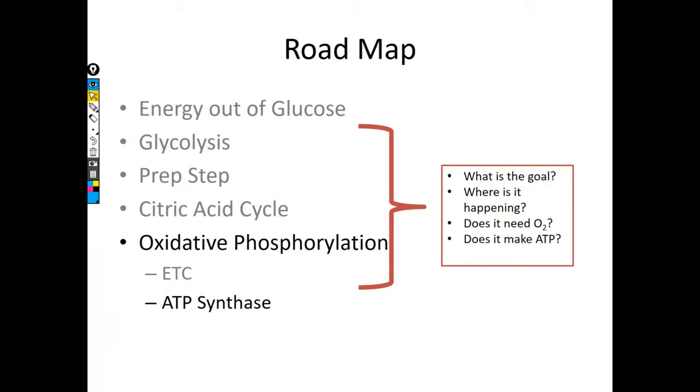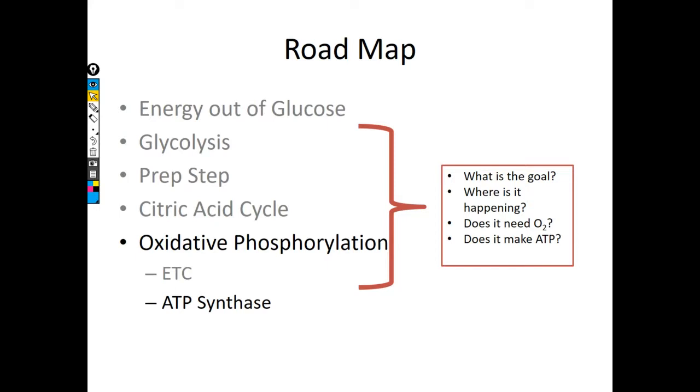Okay, so remember I said the first step of oxidative phosphorylation had no energy. We used our coupons. We didn't actually make any ATP, correct? We put in a lot of work. We didn't actually get anything out of it.